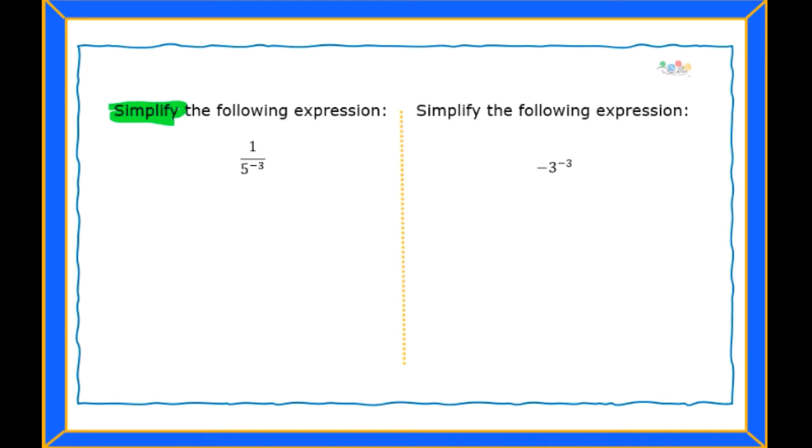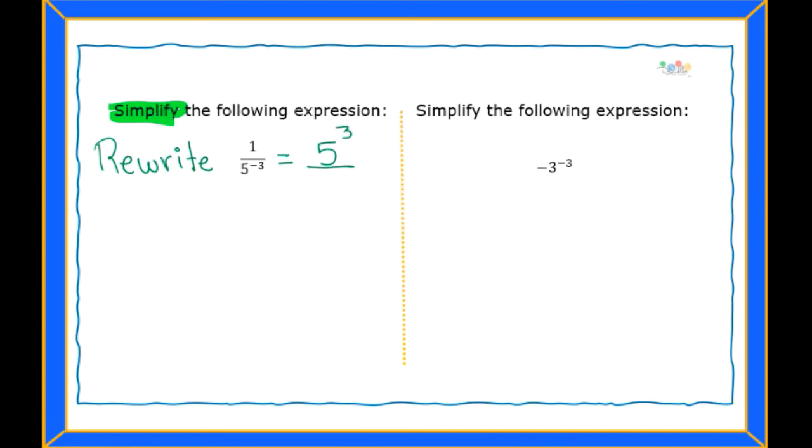So what we're going to do is the reverse of what we did earlier. Since my exponent is negative and it's in my denominator, I'm going to need to rewrite it. Remember, you always need to rewrite your problem if it has negative exponents. When I rewrite the expression, it's going to be 5 to the 3rd power as a numerator.